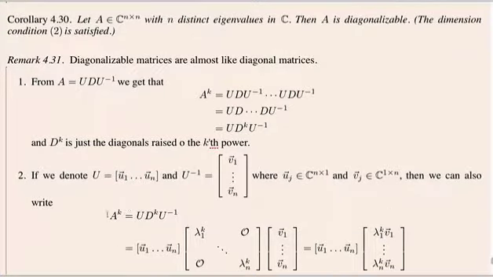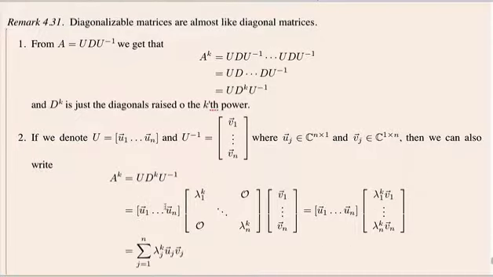Then we can also write A to the k equals U D to the k U inverse, writing out U as a matrix of the column vectors. Then D to the k is just the diagonal with the eigenvalues raised to the kth power, and then U inverse, the column of the v row vectors.